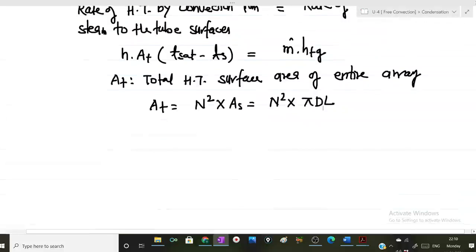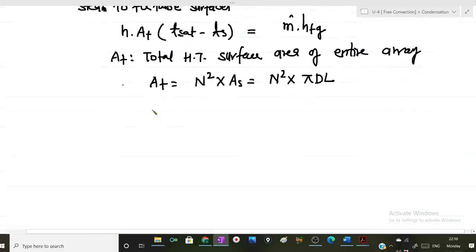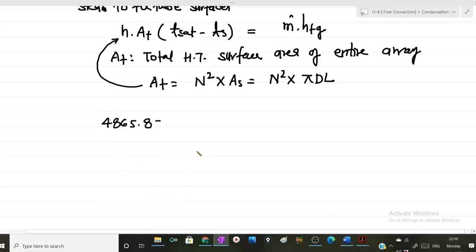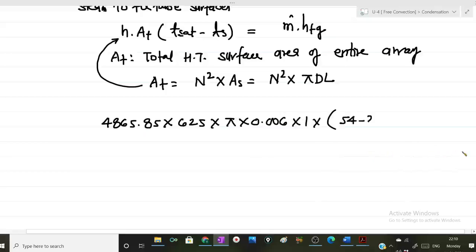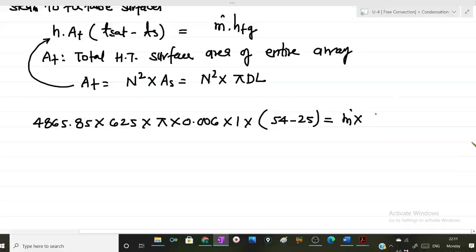Putting this value of total heat transfer surface area into this equation, I will get 4865.85 into L square is 625, surface area is pi into 0.006 diameter, length is unity, and temperature difference is 54 minus 25, is equal to m dot into the value of HFG, 2373.2 into 10 to power 3 joule per kg.